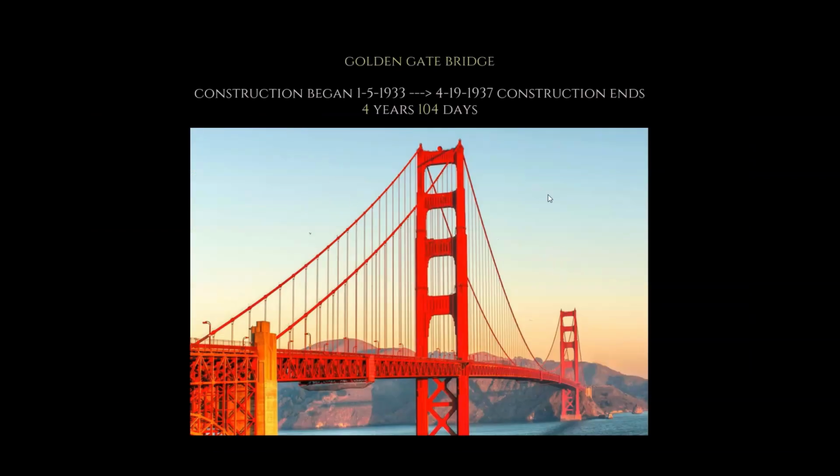And also located in California is the Golden Gate Bridge, and this is encoded to Venus as well. Construction began on the Golden Gate Bridge on January 5th, 1933. Construction ended on 4/19/1937. And that was 4 years, 104 days, back to our 414 for our visual magnitude of Venus.